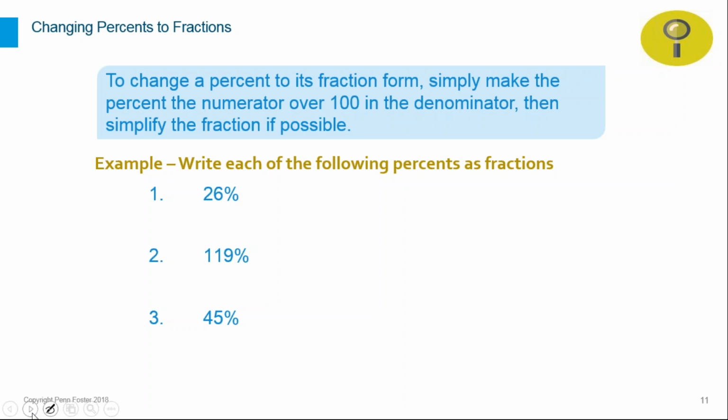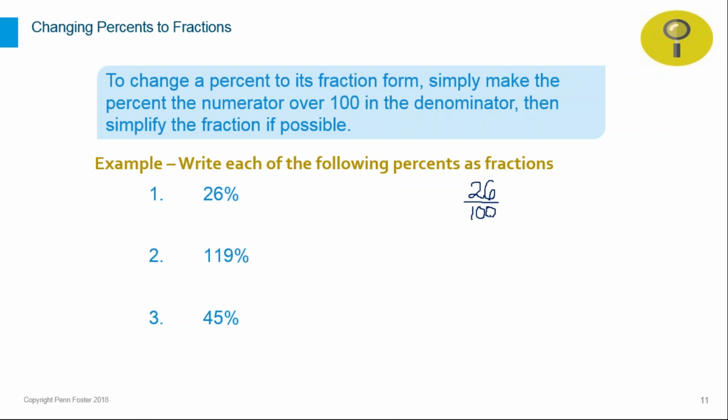Whenever we want to get rid of the percent sign, divide over 100. So that's exactly what I'm going to do. For question number 1, 26, and then I'm going to divide over 100. Why did I divide over 100? Because I want to delete this sign. I cannot just delete it. When I delete that sign, I need to do the equivalent of it, which is dividing over 100.